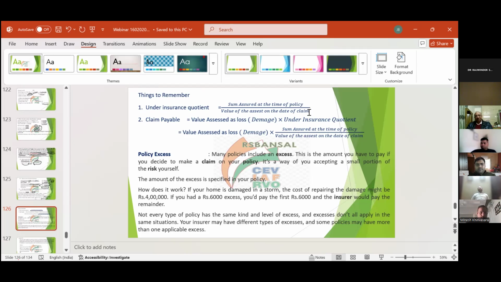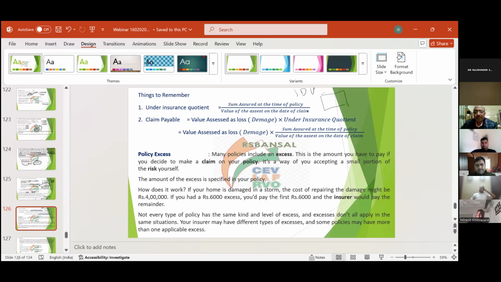So basically what happens is, when you get insurance for a building, basically a standard fire policy, you pay some premium, and the company will ask for a premium based upon your declared value.